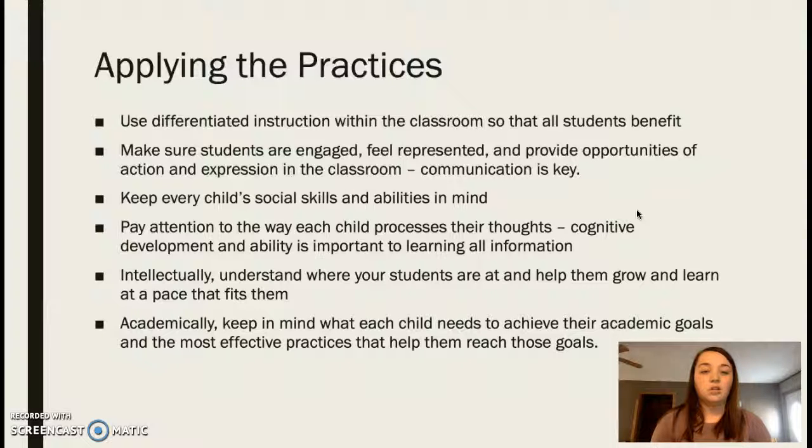No one student is the same as the other, so it's important to keep that in mind when you're looking at things from an academic standpoint, because you're going to have some students that struggle with some things and some that are better. So you have to adapt your lessons in your classroom to the ways that are going to benefit every single student.